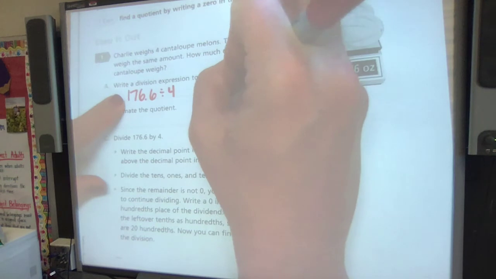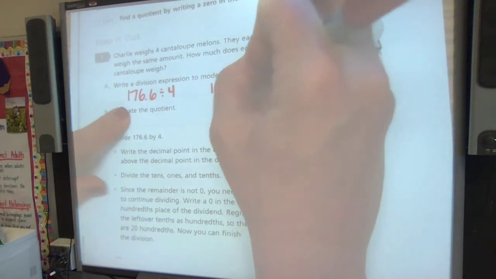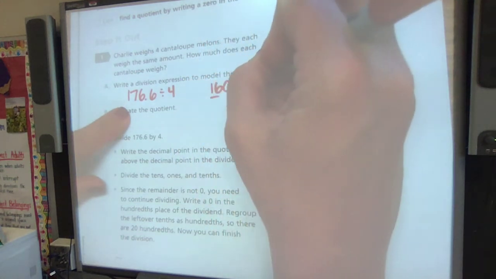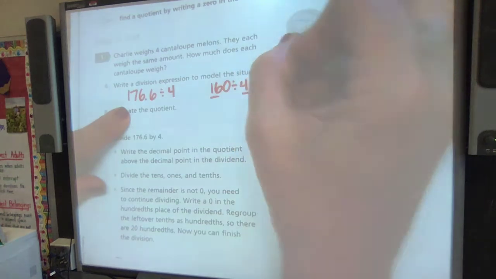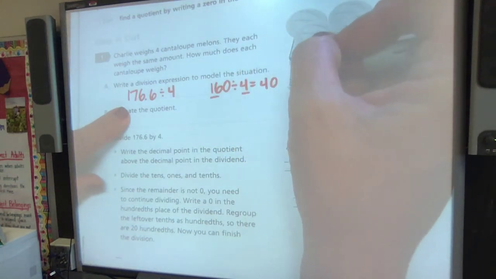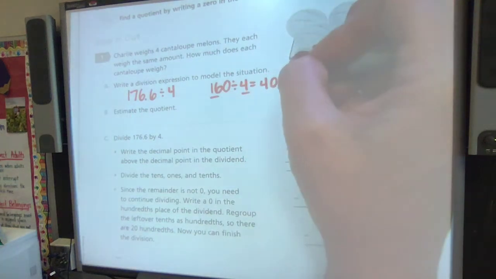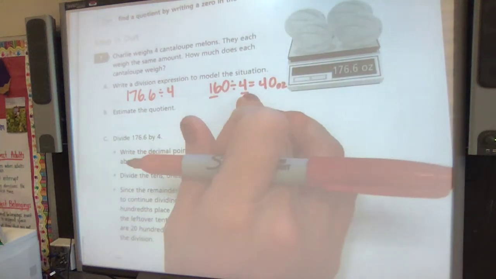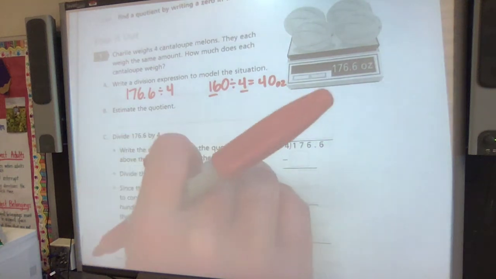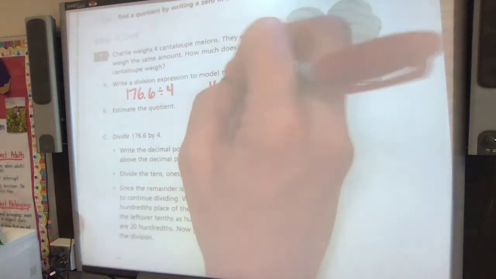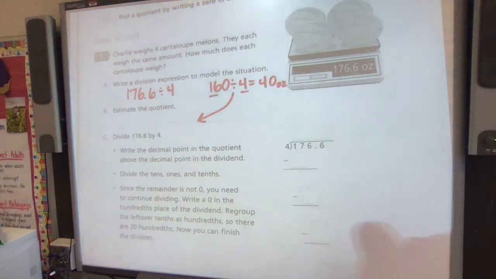So I could say 160 divided by 4. And I know 16 divided by 4 is 4. So maybe they weigh about 40 ounces. That's my estimate. That's going to help me get an idea if I did my answer right. Okay, so this is our estimate. I put it in the wrong spot.